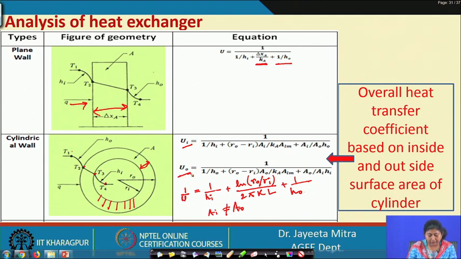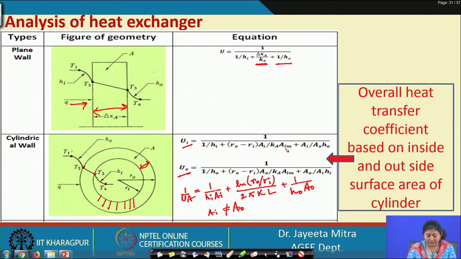If we want to express it based on the inside surface, because it was U A, H I A I and H O A O, we will multiply that with A I on both sides. So, we will get here 1 by H I plus R O minus R I by A I divided by K A into A L M. A L M is nothing but the log mean surface area, that is A 2 minus A 1 by ln of A 2 by A 1.